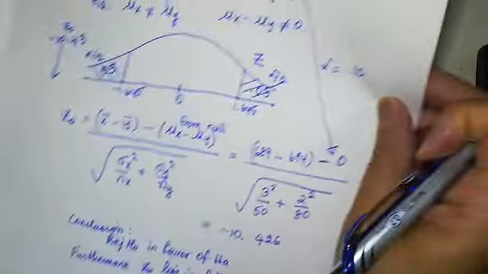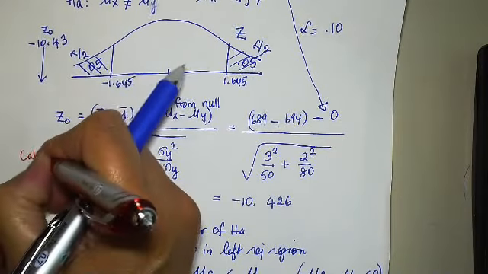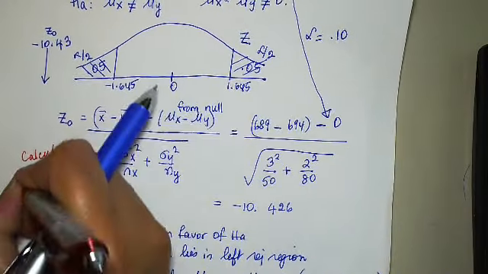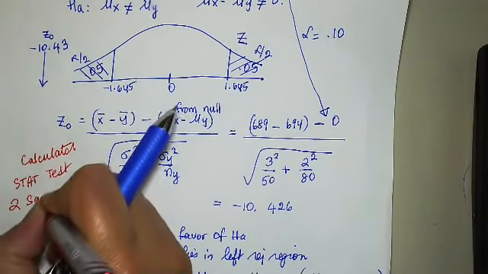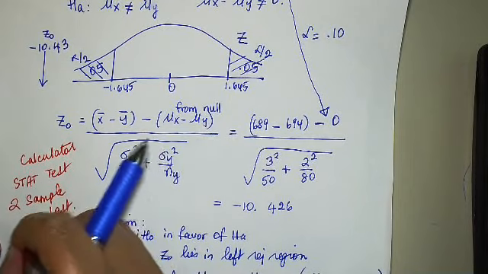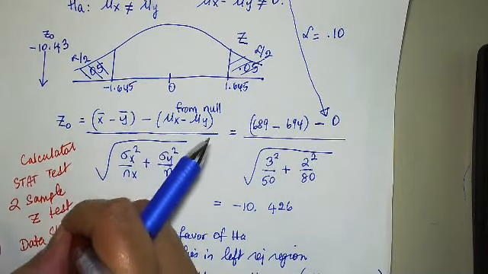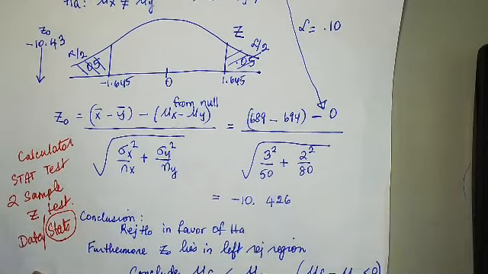X2 bar equals 694. N2 equals 80. What side is your test? It's a two-sided test, so I pick the first option and I go to calculate. Minus 10.43 is my test statistic. P-value is really, really small, so P less than alpha, reject H naught.